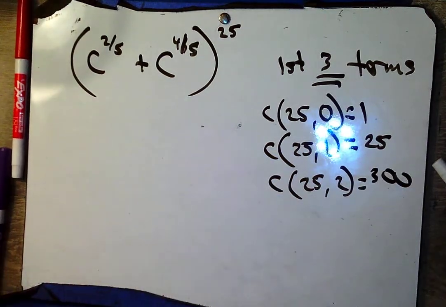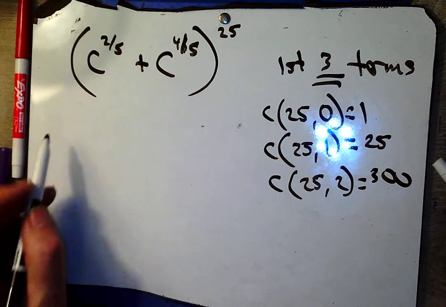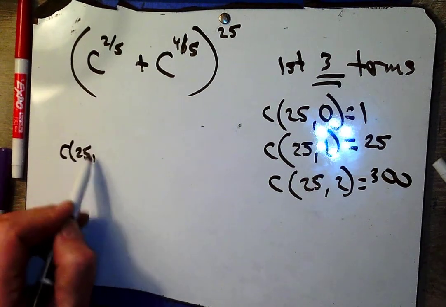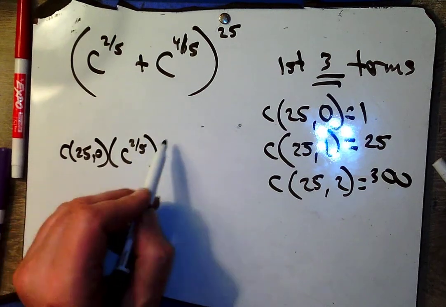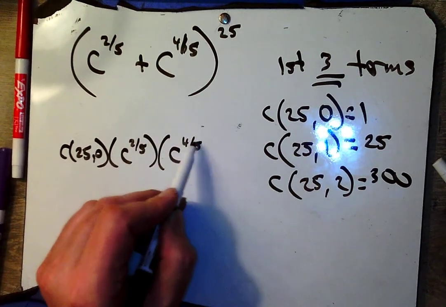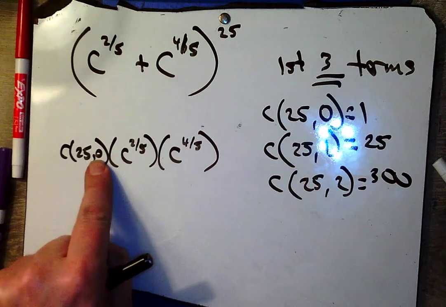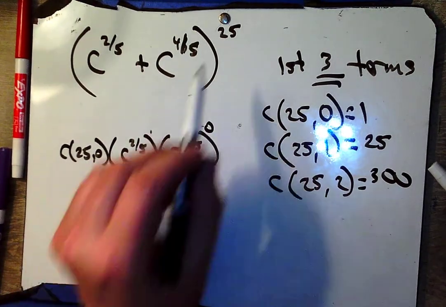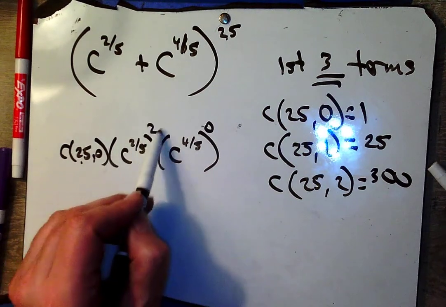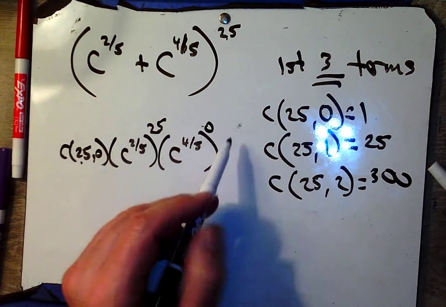Okay, so what's my expansion look like? Well, the first term, combination of 25 choose 0, C to the 2/5 and C to the 4/5. Now, this is that power. And this power plus this power has to equal 25. So there's the first one.